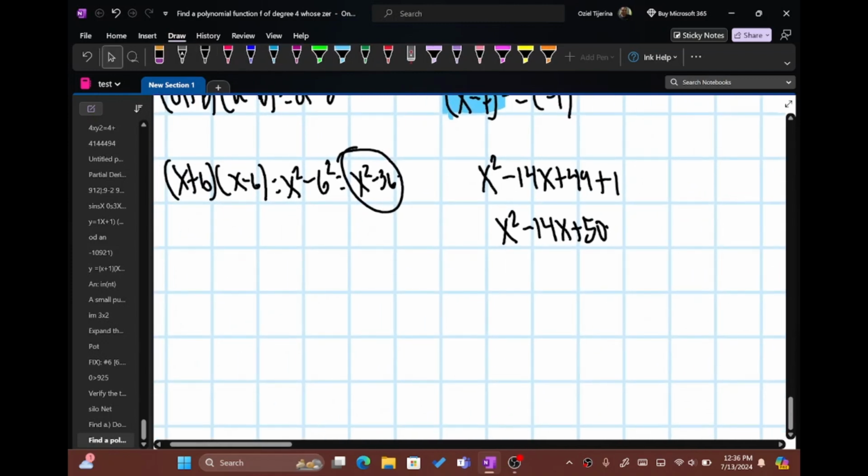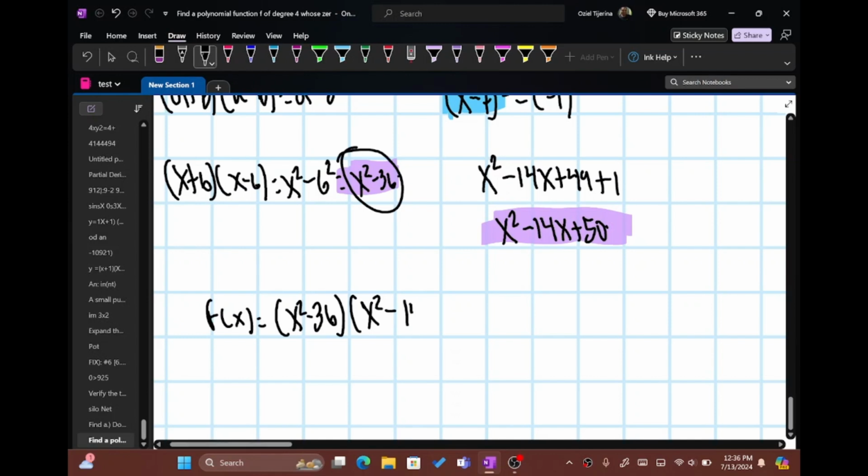Okay, so now we have our two main factors, right? This, and this. So we finally say that f of x is equal to the following: x squared minus 36 times the quantity x squared minus 14x plus 50.